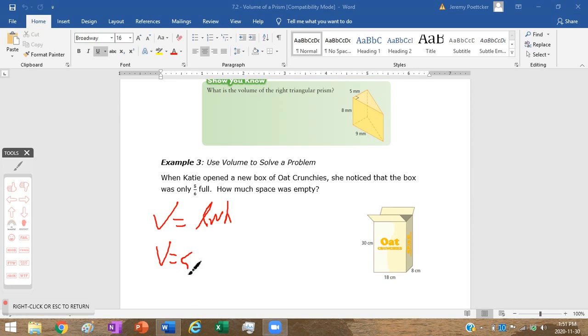I'm going to go with 8 being my length. 8 centimeters, times my width is 18 centimeters, times my height is 30 centimeters.